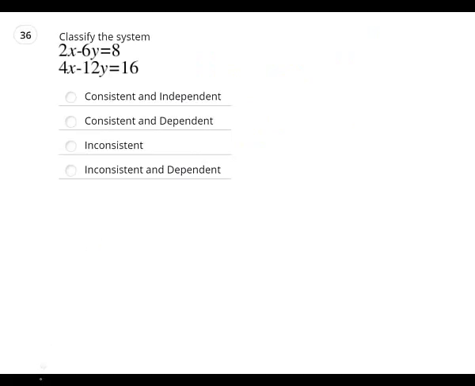We have to classify the system. The best way to do this is to solve for y. So I'm going to move the 2x to the other side by doing what? Good. So negative 6y equals 2x plus 8. And then what do I do to move the 6? Divide.